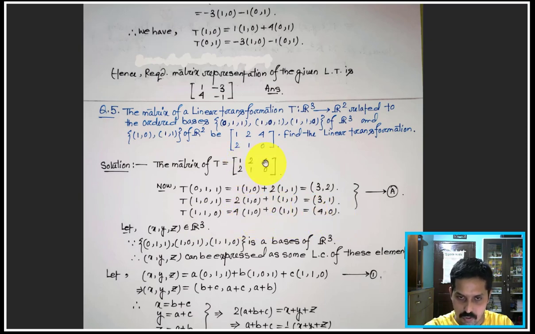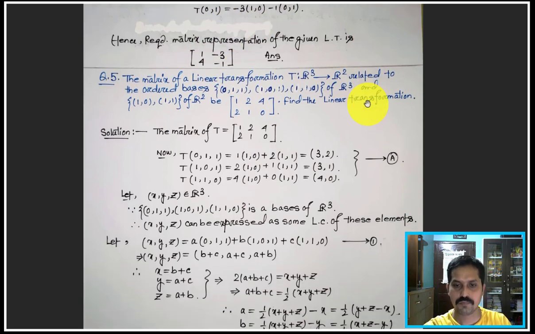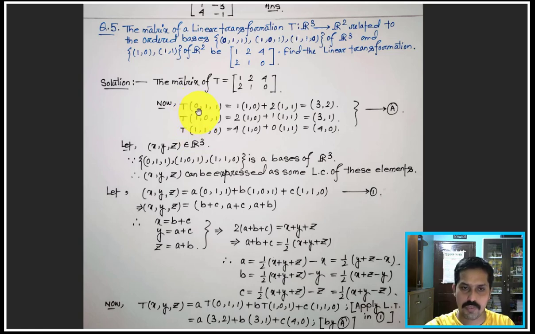Just remember this, horizontal becomes vertical. Here, horizontal 1 comma 4 becomes vertical. So the linear transformation of this is this, this is this, and this one is this.